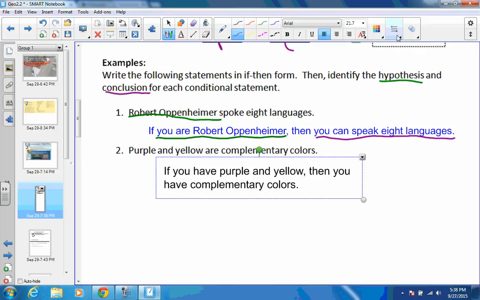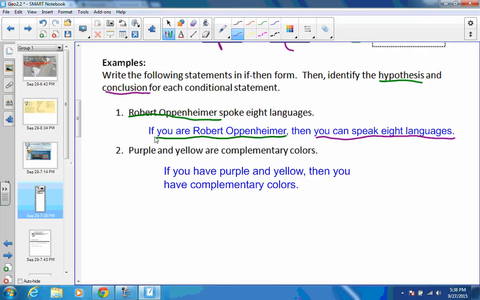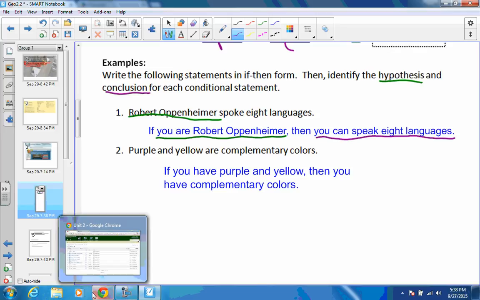Again, it just depends how you write it, because you could write that a different way as well. It could say, if you are purple and yellow, then you are complementary colors. Or if purple and yellow are the colors of choice, then they are. It just depends how you write it, as long as it makes sense to the original statement.